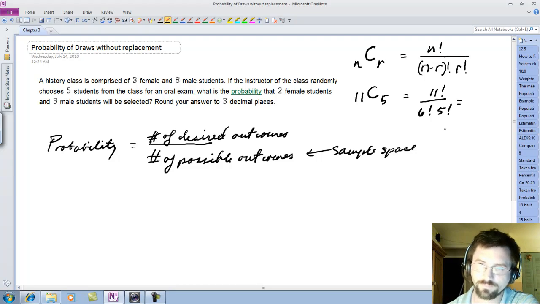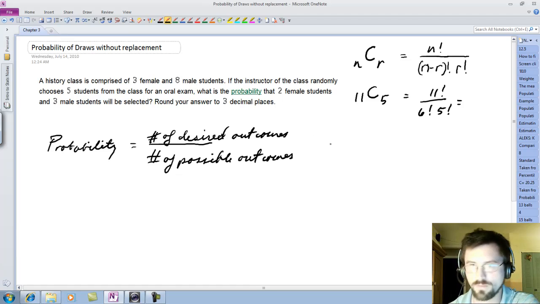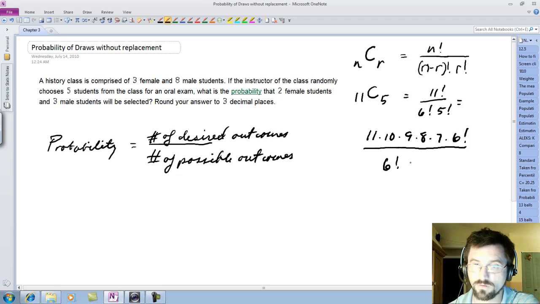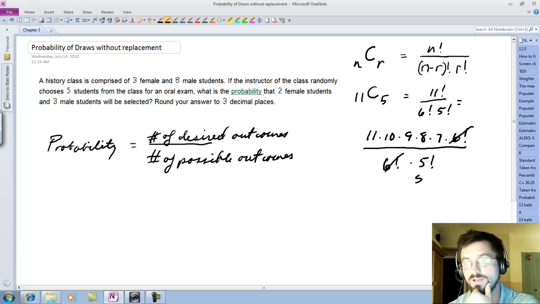which we know is going to be, let me erase some of this, it's going to be what? It's going to be 11 times 10 times 9 times 8 times 7 times 6 factorial over 6 factorial times 5 factorial. That kills that. 5 factorial is 5 times 4 times 3 times 2.